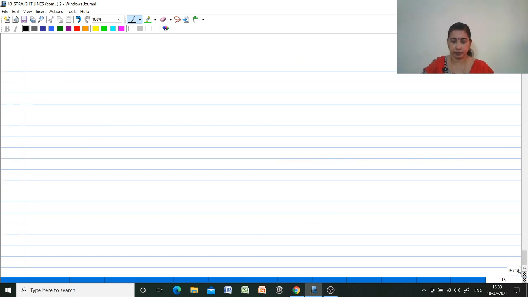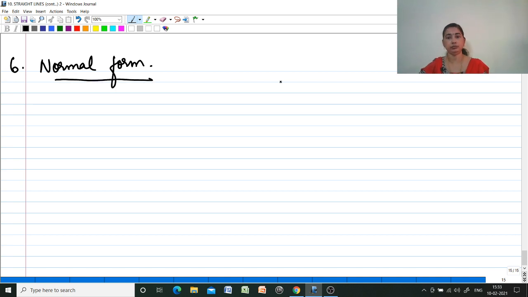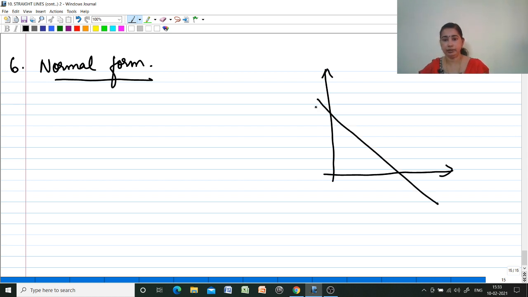Then next is normal form. Suppose this is the line L, and the perpendicular from the origin to the line.